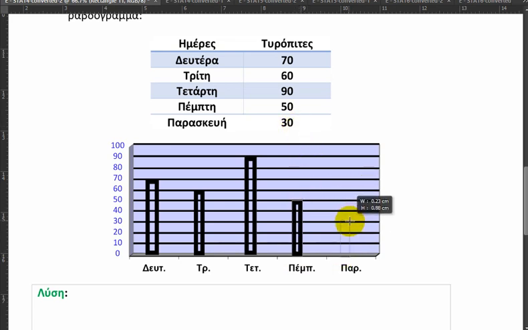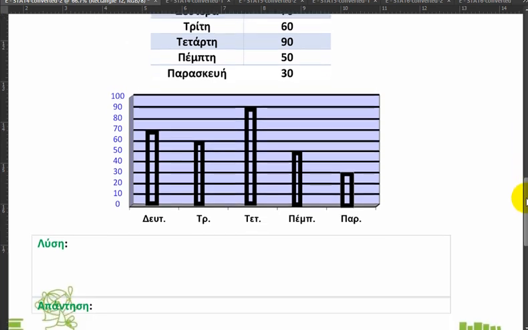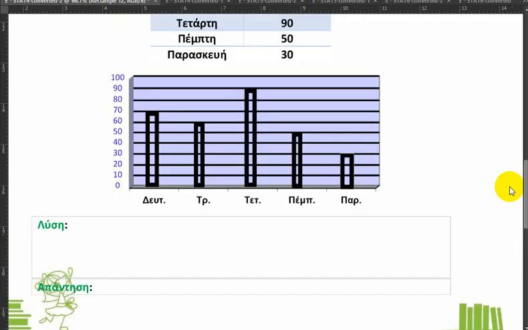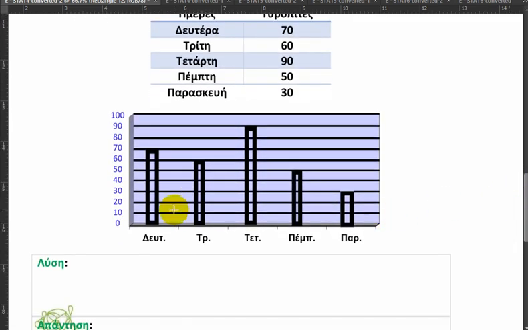So again, because here you're pretty much free to make the chart any way you want, it might look different than mine, but it should look something like this, where it starts here, then it goes down a little, then up a lot, then down a lot, then down a little more. Now let's find the average. 70 plus 60 plus 90 plus 50 plus 30 divided by the number of days, so 5.